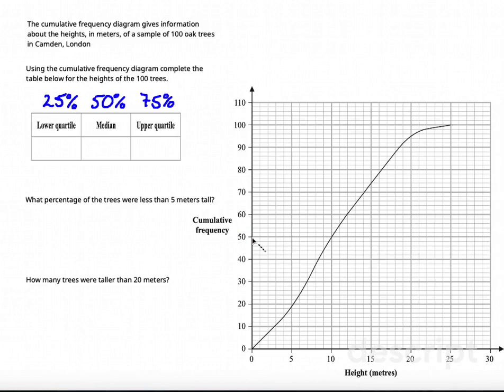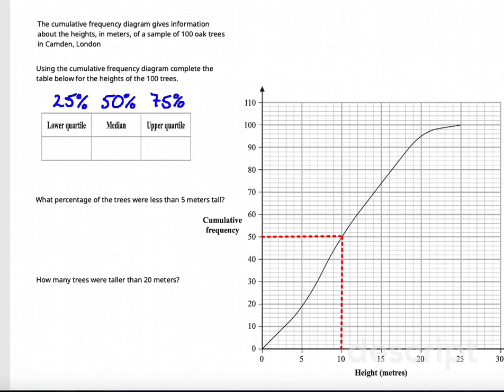We're going to draw a horizontal line at that point 50 until we reach the line, and then we're going to draw a vertical line down so that we can read from the scale on the horizontal axis. And this tells us that we do in fact have 10 meters. So the median tree has a height of 10 meters.